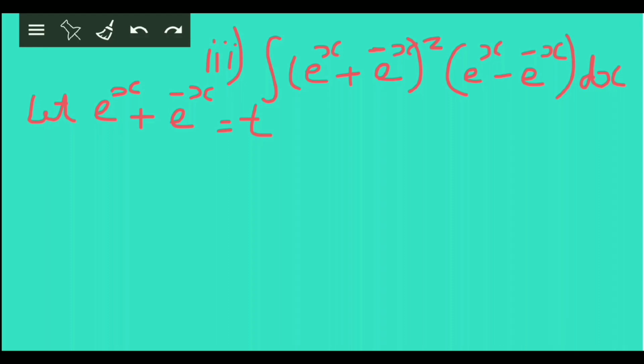By now you know the step, isn't it? So we get e raised to x plus e raised to minus x, and by the chain rule, if you remember, it is not x but minus x. So we also find the differentiation of minus x. If I write the step over here just to remind you all, not needed in the exam actually, minus x.